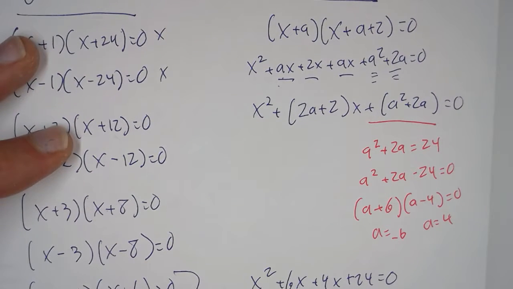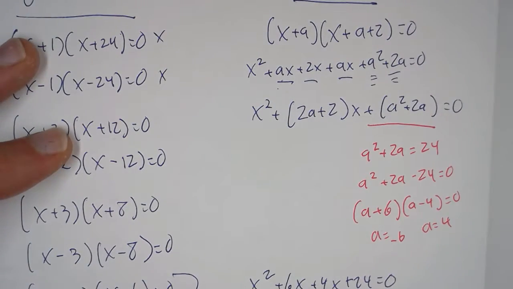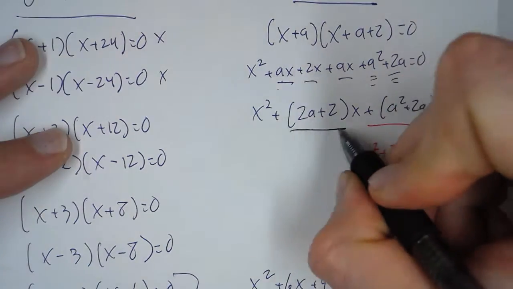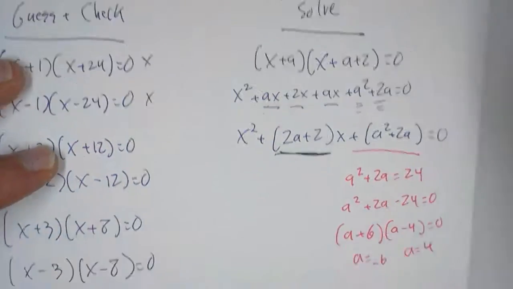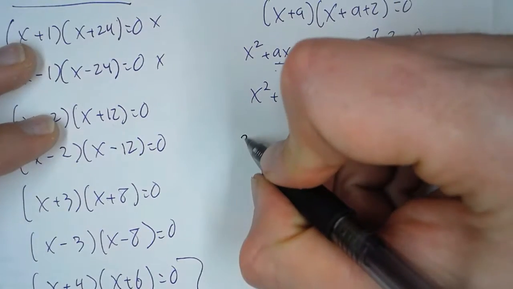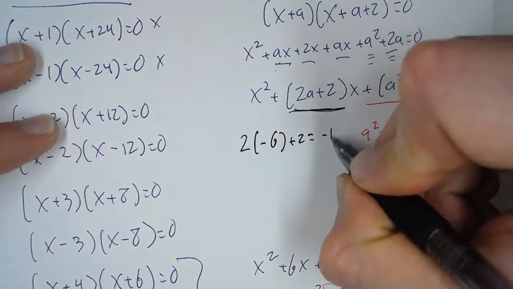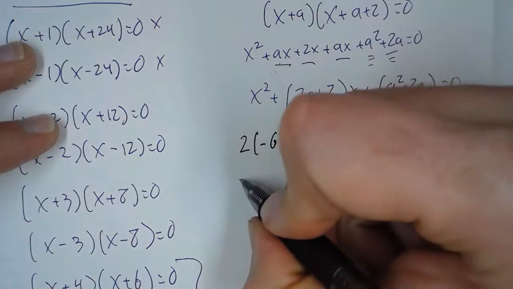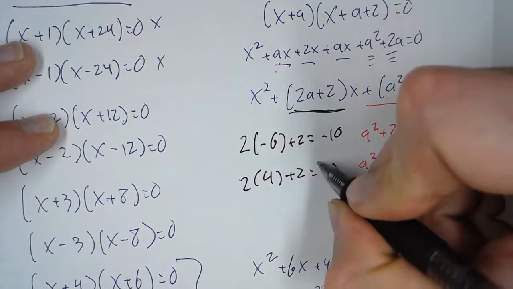So now what I have to do is take these two values and plug them in up here to see which one gives me the largest value for this, because we want to maximize that quantity in front of x. So if I take 2 times negative 6 plus 2, I get negative 10. Or if I take 2 times 4 plus 2, I get positive 10.